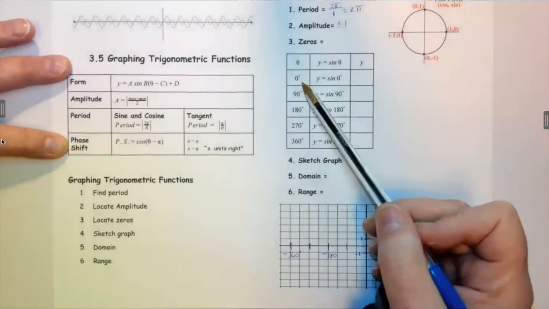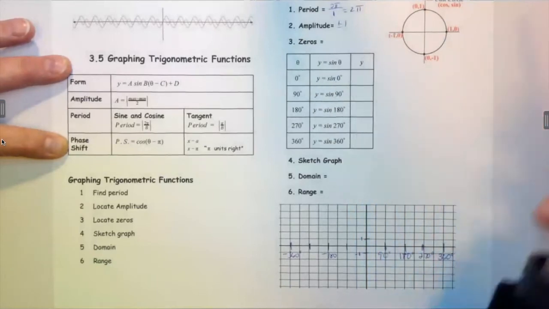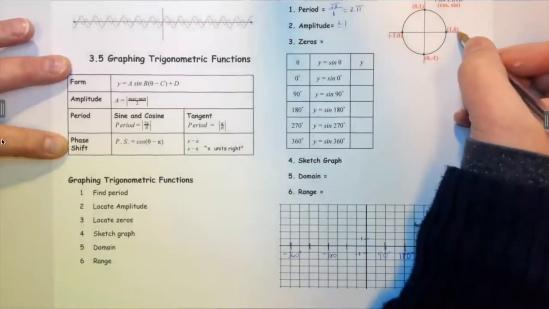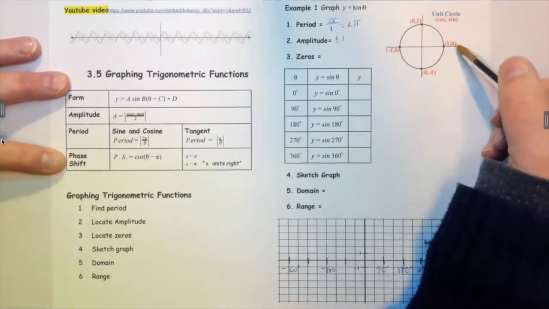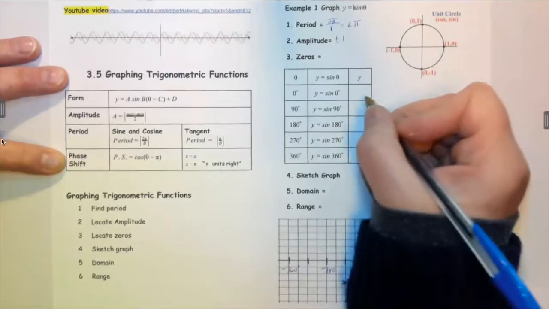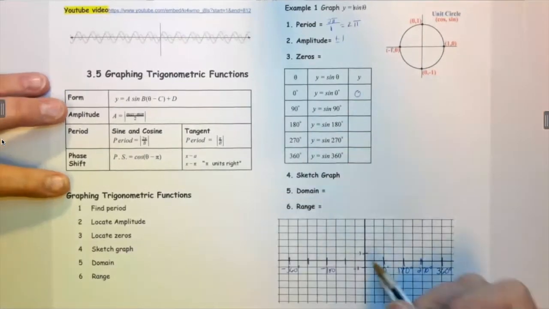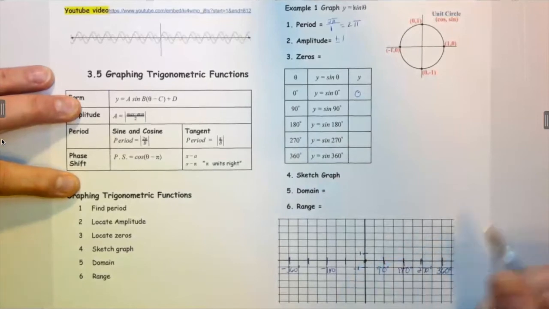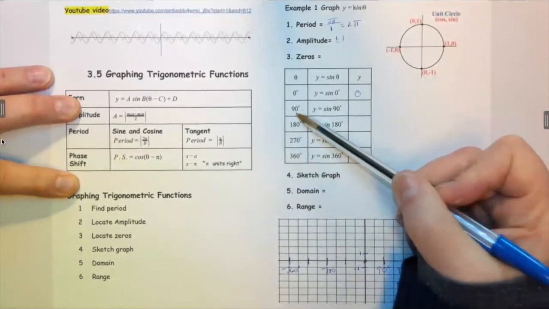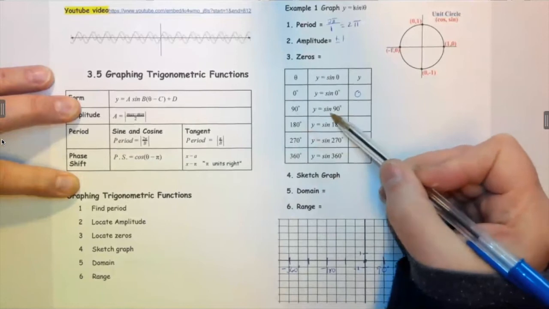At 0 degrees, what is sine? We see that at 0 degrees, sine is 0. Next, 90 degrees. What is sine at 90 degrees?